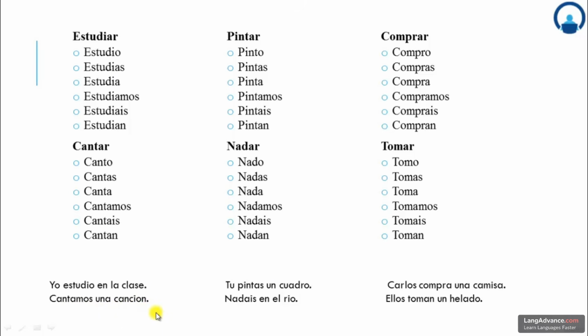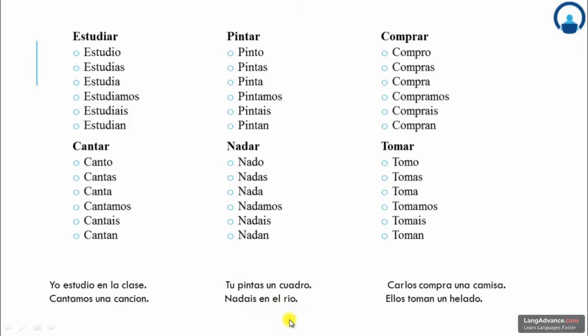Canción means a song. Next is pintar and I've taken pintas from these conjugations and I've framed a sentence saying tú pintas un cuadro, that means you paint a painting. Next I've taken nadáis from nadar and I've said nadáis en el río, that means you all swim in the river.